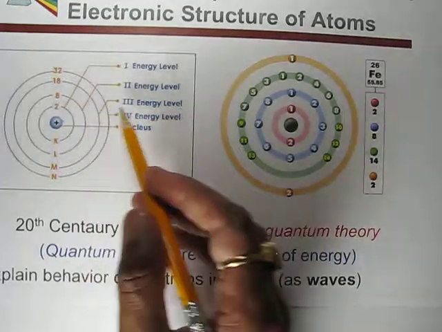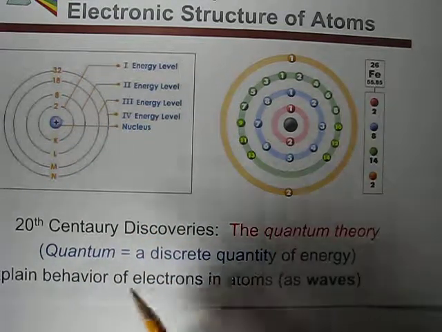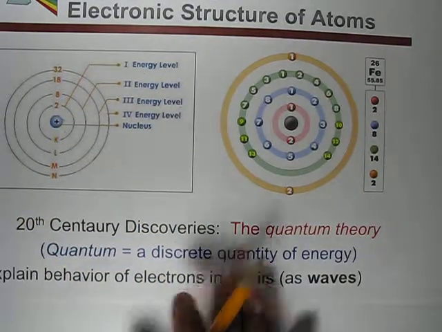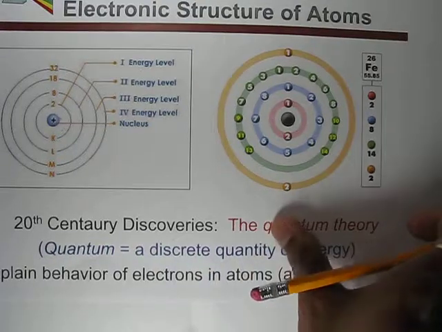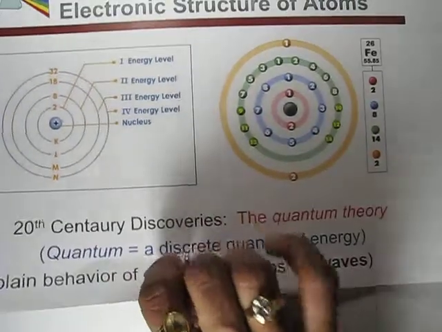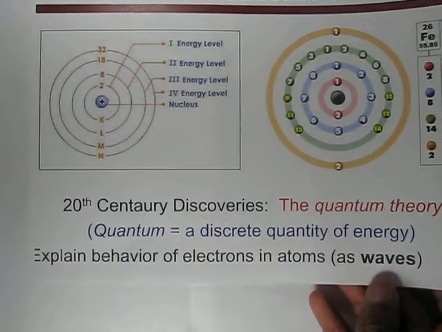So they move in the different levels of the energy circular pathway. That is why they behave like a wave, and this kind of property was explained by the wave nature of electrons. So let's talk a little bit more about the waves.